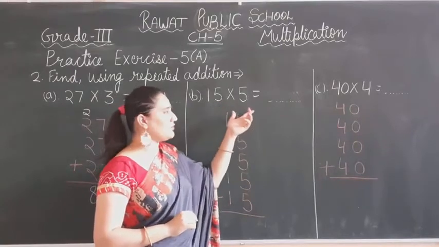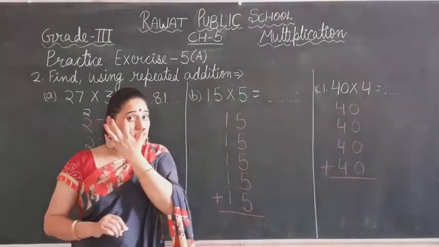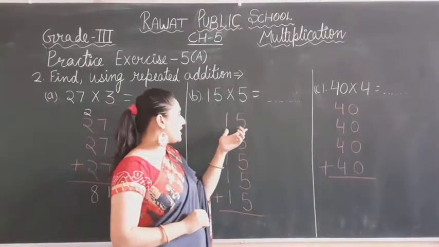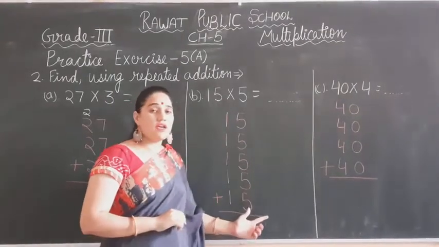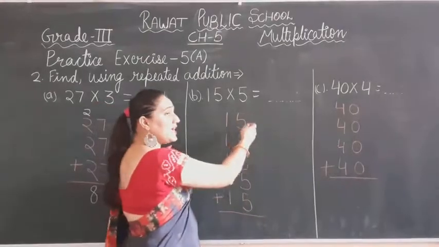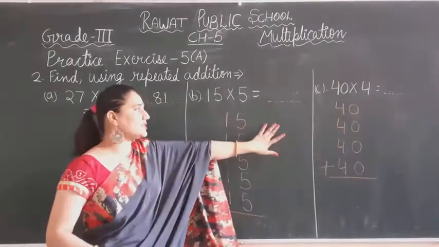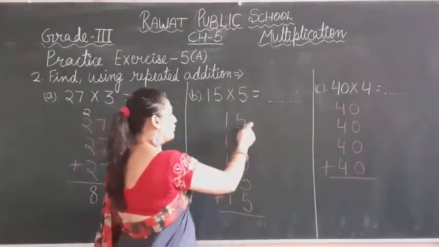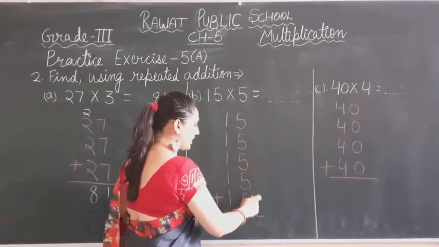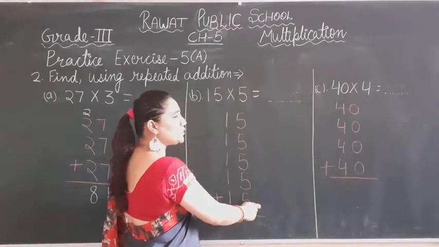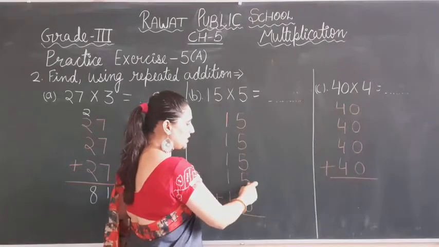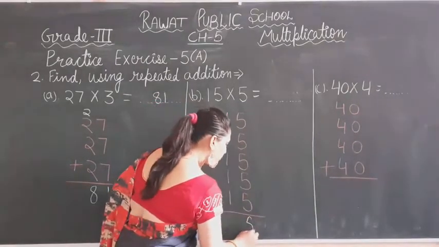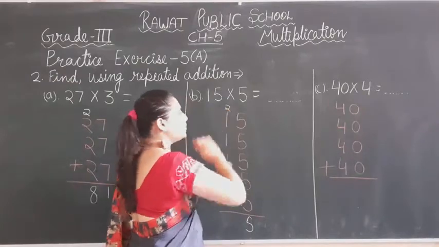Okay? Now we are going to see the next question: 15 times 5. We are going to write 15 plus 15 plus 15 plus 15 plus 15. Shall we start addition first, and then we are going to take our multiplication. So 5 plus 5 plus 5 plus 5 plus 5 becomes 25: 5, 10, 15, 20, 25, means 5 here and 2 here.